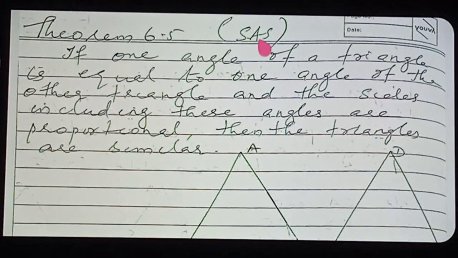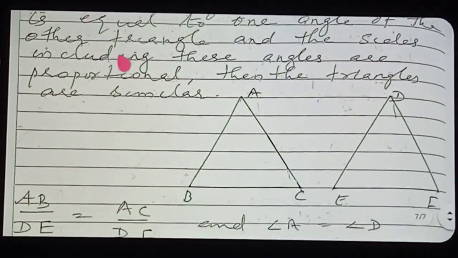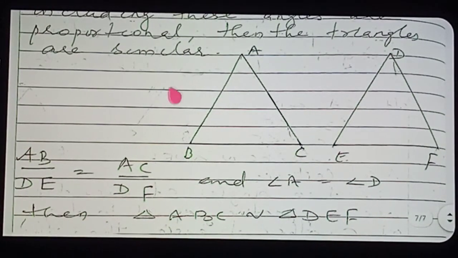SAS, side, angle, side. What you can say: if one angle of one triangle is equal to one angle of the other triangle, and the sides including these angles are proportional, then the triangles are similar. So the theorem, diagram, listen here.